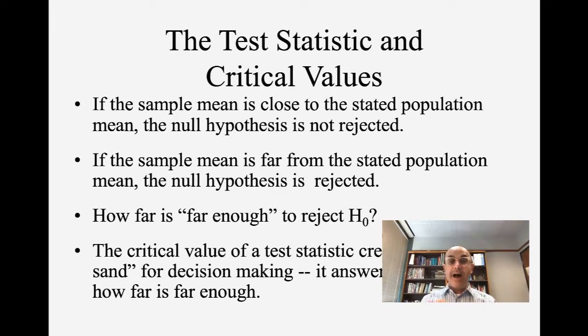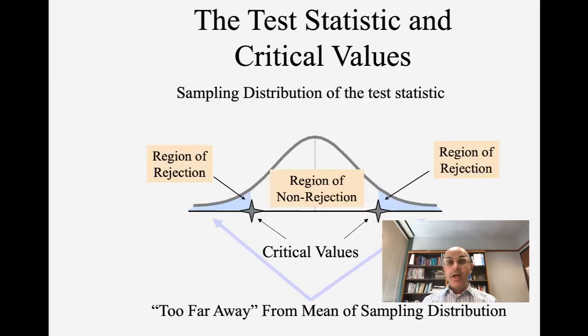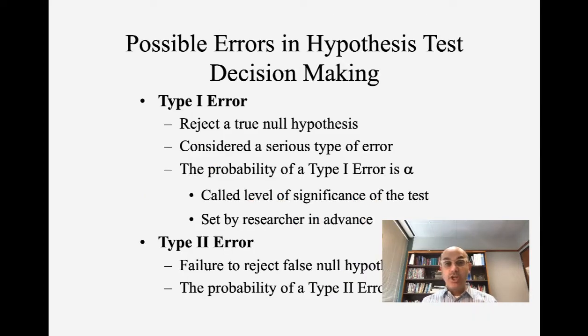And so how far is far to reject the null hypothesis? This is again where the critical value of the test creates a line in the sand in order for us to make better decisions. And so again, this is where we are going to say too far away from the mean, and accepting or rejecting.